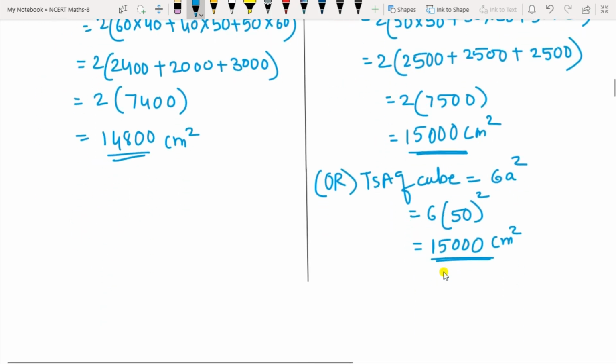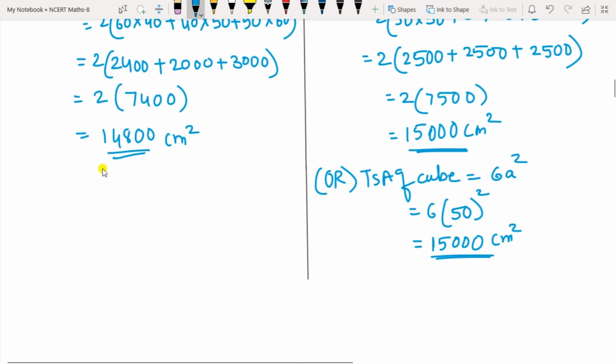Now you can see here the total surface area of cuboid A is less than that of cuboid B. So which one requires more material or which one requires less material? The first one requires the less material.